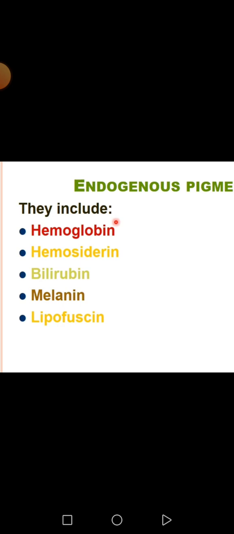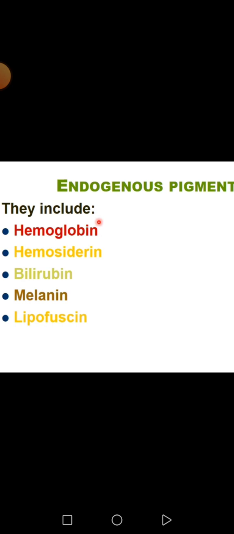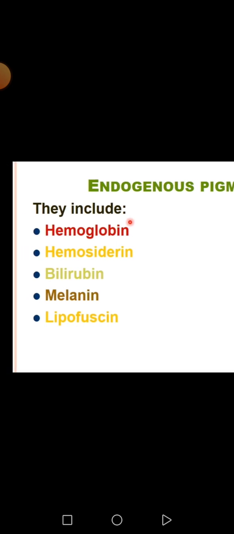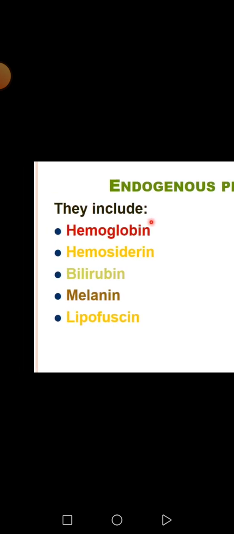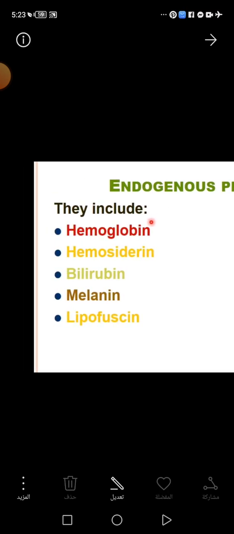Hemoglobin is the pigment or iron found in blood that transfers oxygen. Hemoglobin is broken down into hemosiderin and bilirubin.